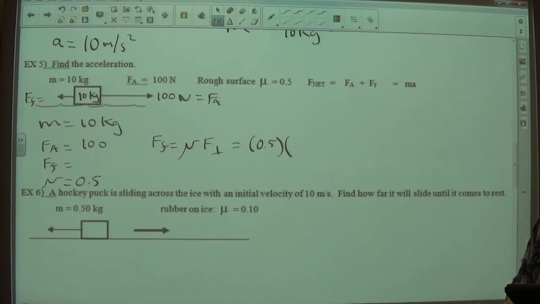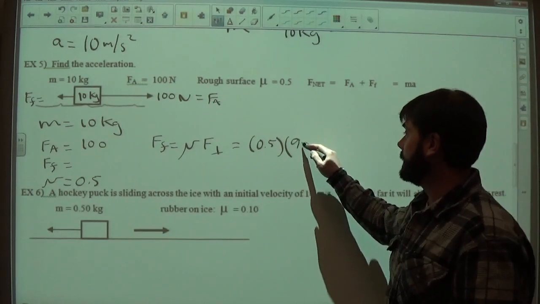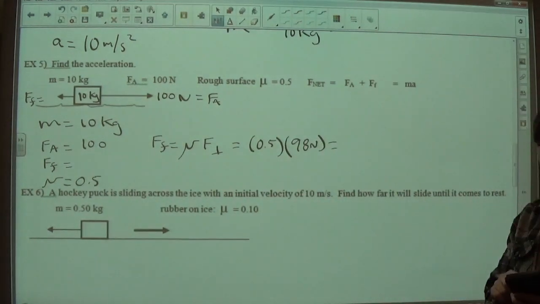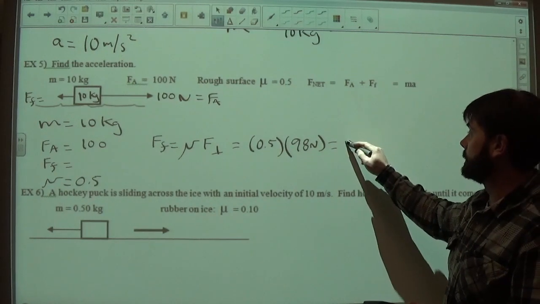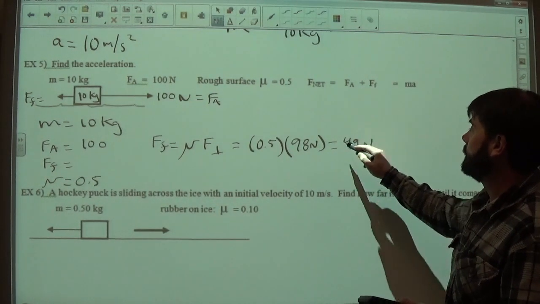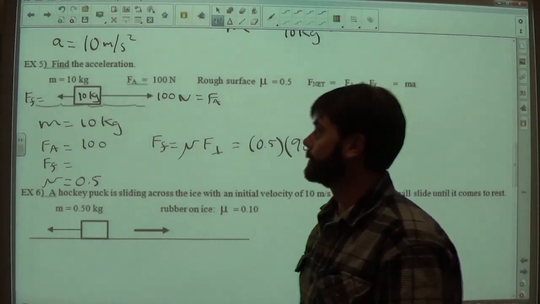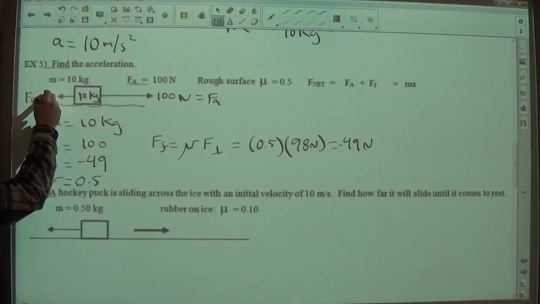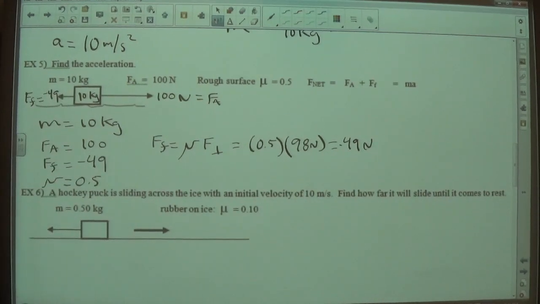So 10 times 9.8 gives me 98 newtons. And if the coefficient of friction is 0.5, then the force of friction is going to be basically half of that. And we generally call frictional forces negative. So I'm going to say that this is a negative 49 going this way.